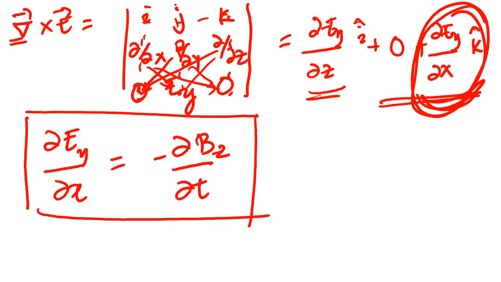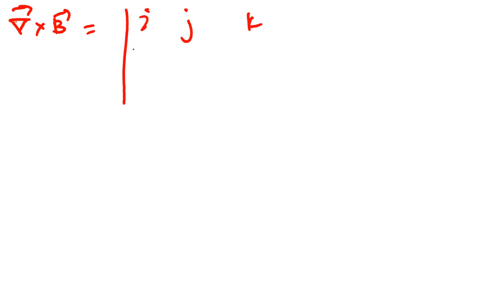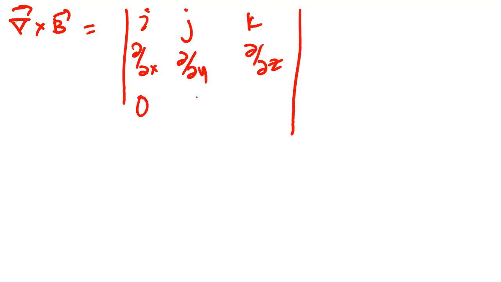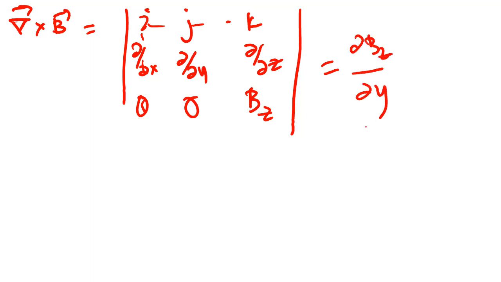So similarly, you could do curl B as well. If I do curl B, I would get again i, j, k, and dou by dou x, dou by dou y, dou by dou z, and I have 0, 0, Bz. We're considering only the magnetic field along the z axis. So for this, the i component would be dou Bz by dou y.